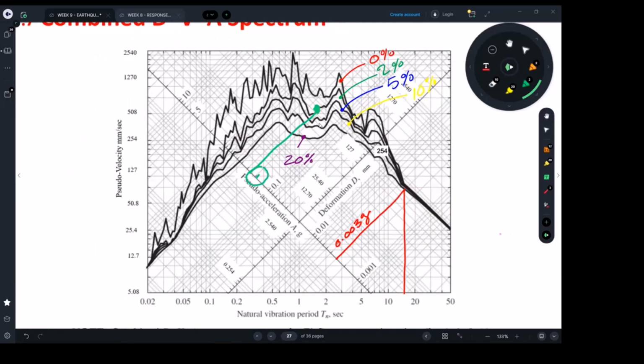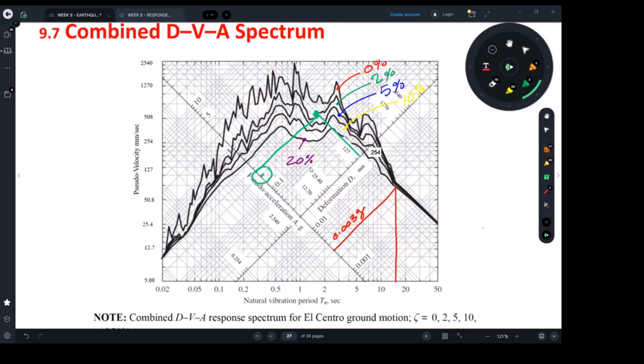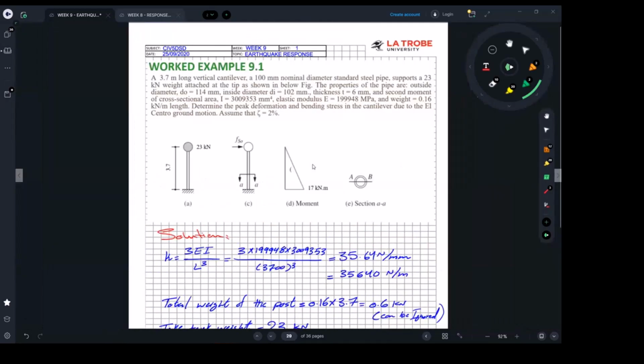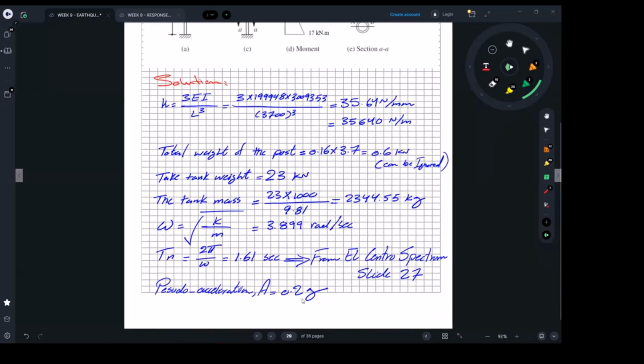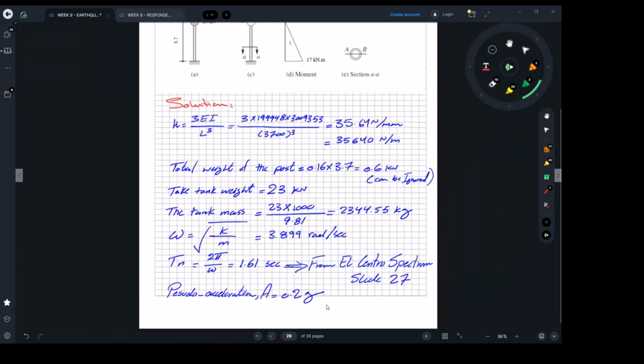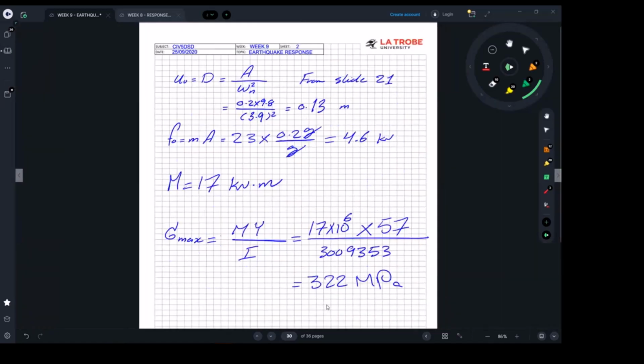And then I should be able to work out the displacement as well, which is around 120. So what we had here is 0.2 g. If you want it in meters per second squared, you have to multiply it by 9.81, the ground gravity.